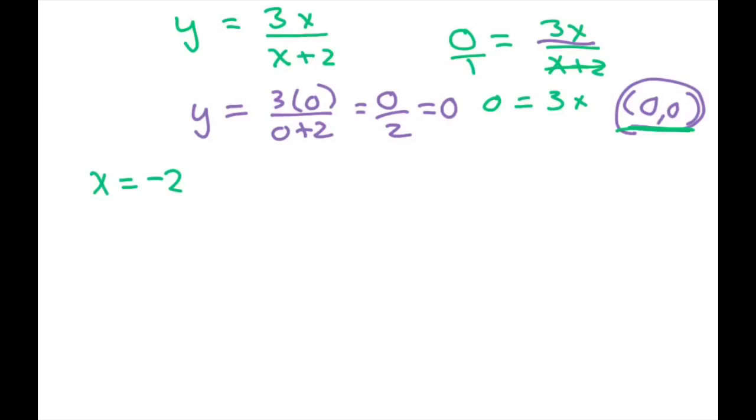So what we're going to do is take the limit as x goes to positive infinity and to negative infinity of 3x over x plus 2.